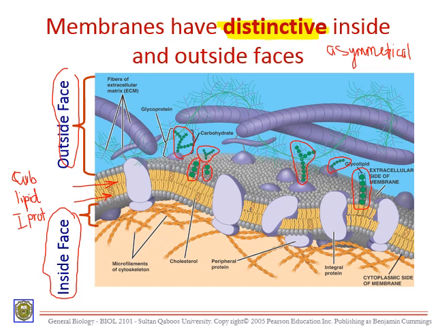You can see here the integral proteins are found on the inside face. They can also be found on the external face of the membrane, but in this figure specifically, we see them more on the interior face of the membrane. And this is the meaning of distinctive or asymmetrical faces of the membrane.